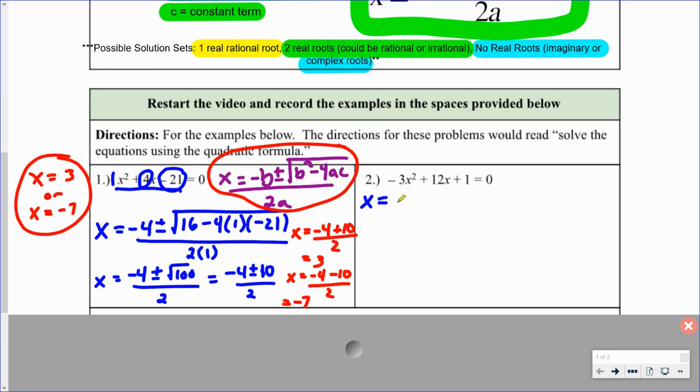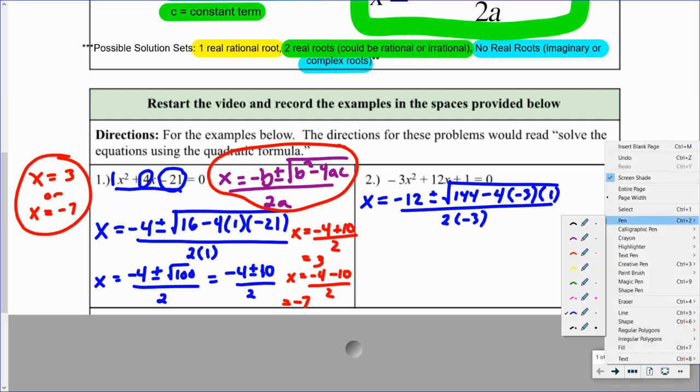So b in this case is 12, so it's going to be negative 12 plus or minus the square root of b squared, which is 144, minus 4 times negative 3 times positive 1. And that's going to be all over 2 times negative 3.